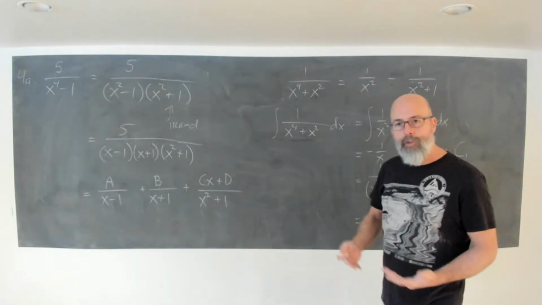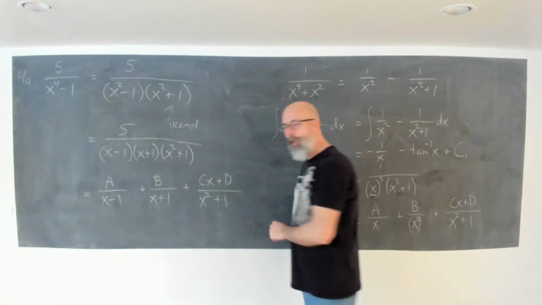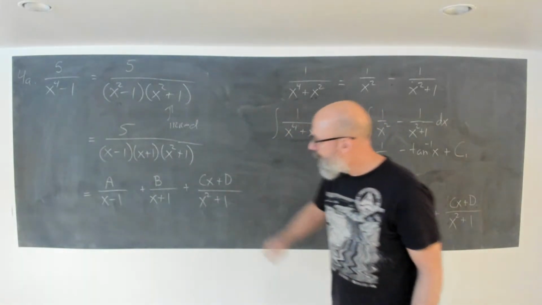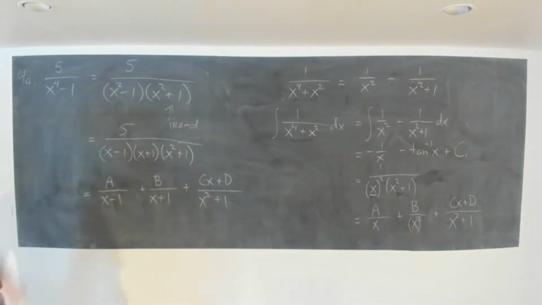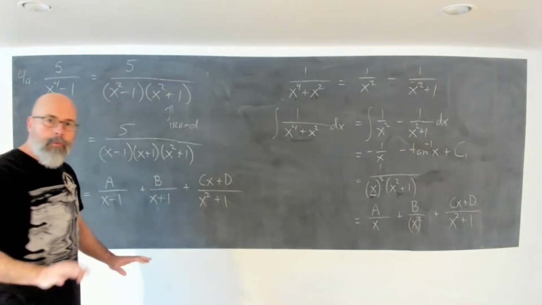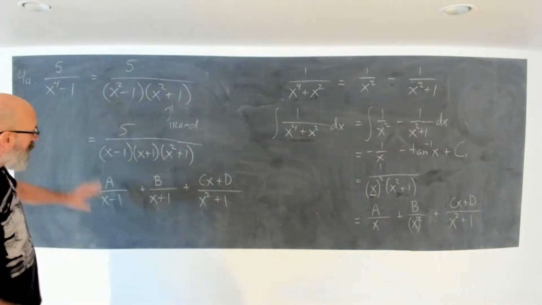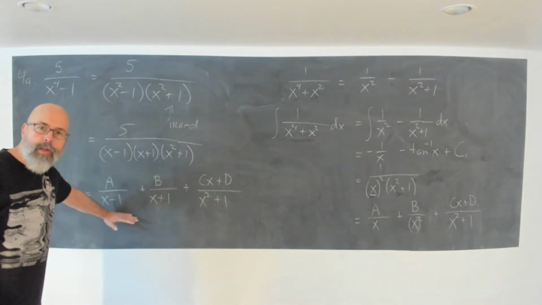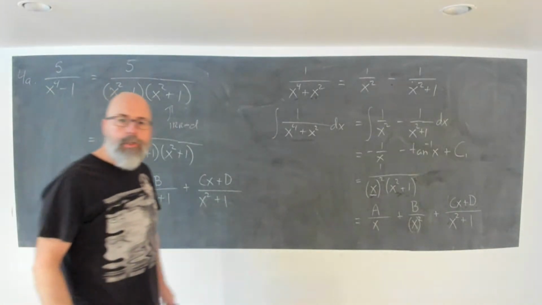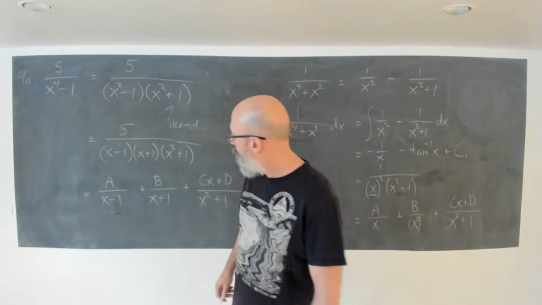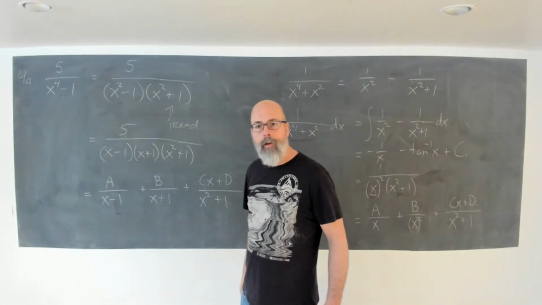Partial fraction decomposition guarantees there exist A, B, C, and D real numbers for which this is equal to that. In this particular case, the question asks us only for this, so we would stop there.